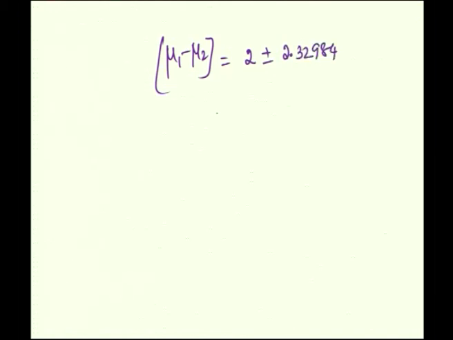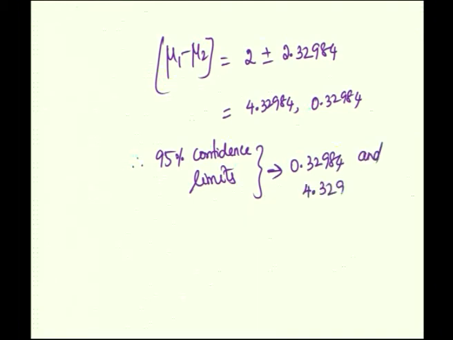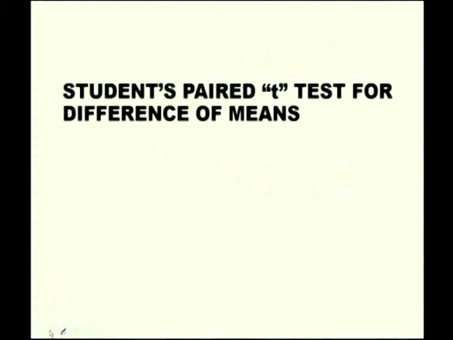One value with plus, another value with minus: 4.32984, and the negative is minus 0.32984. So, the 95% confidence limits are minus 0.32984 and 4.32984.